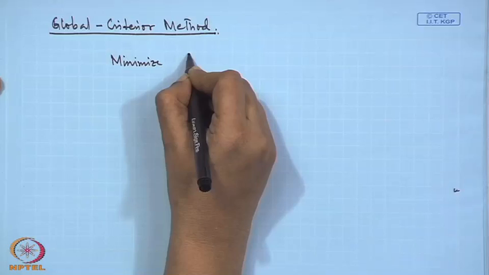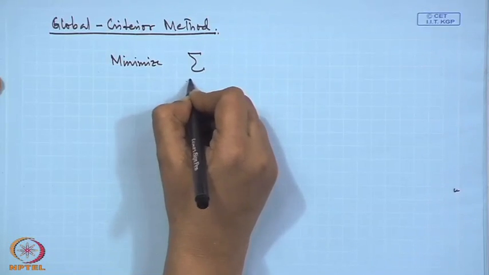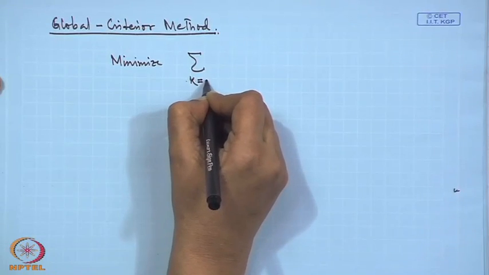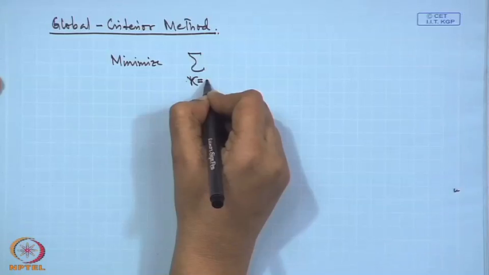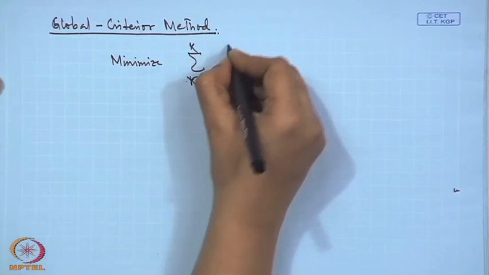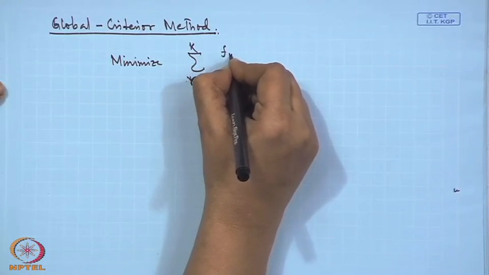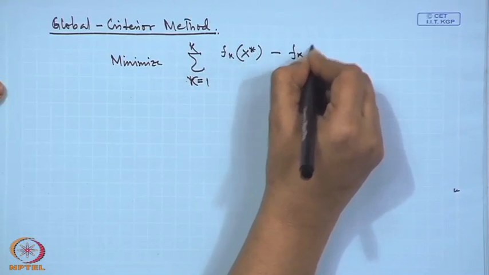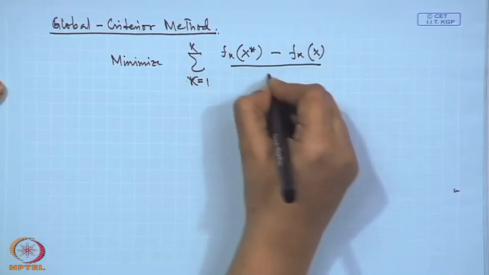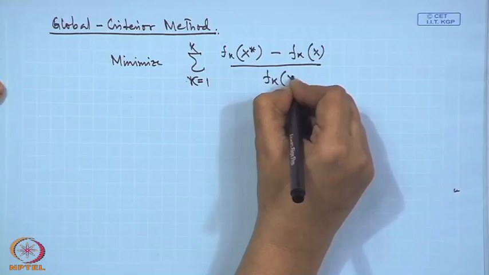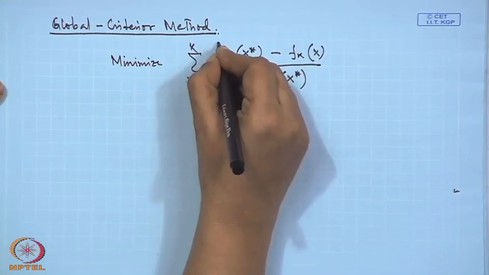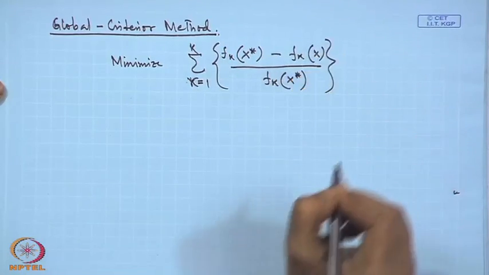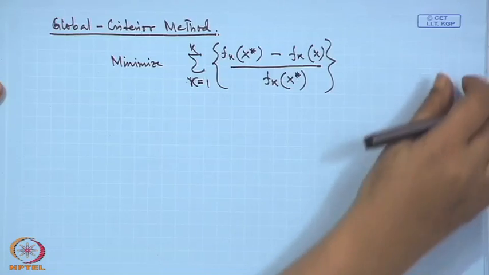If I write down the formal mathematical form of it, there are k number of objectives. Sometimes we consider the summation of all these factors.